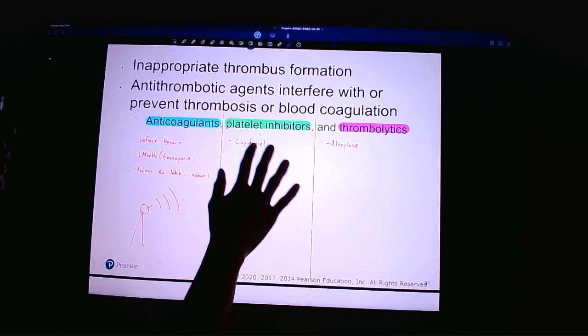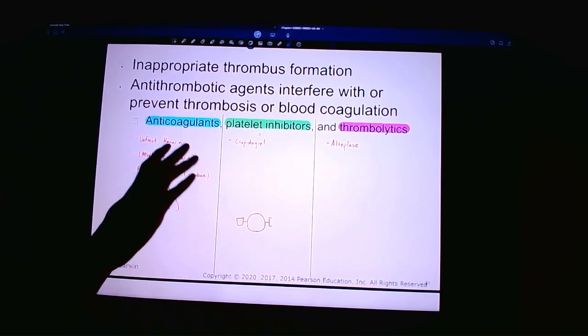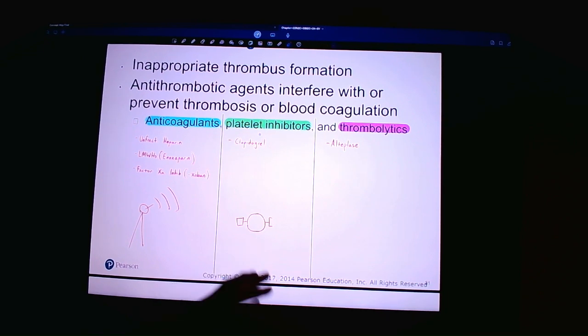While a platelet inhibitor actually prevents platelet aggregation directly on a platelet. And if you stop it, then you can't really clot anymore until that platelet passes away and a new platelet replaces it. And then to finish off, thrombolytics, that one is actively breaking down a clot.